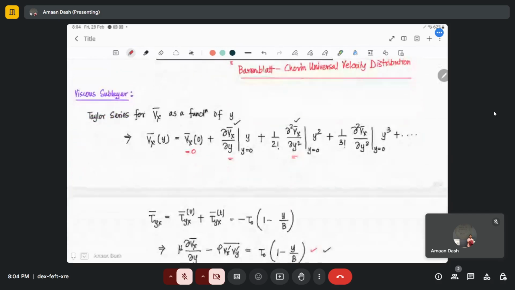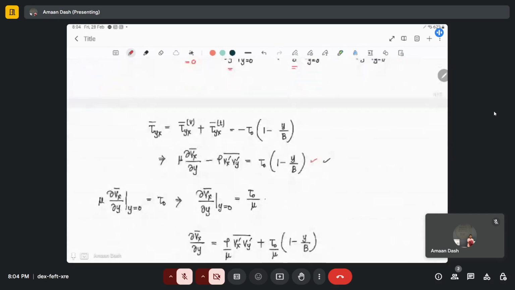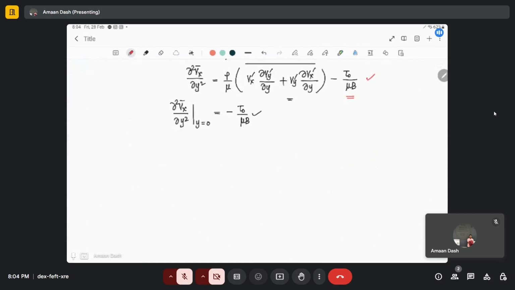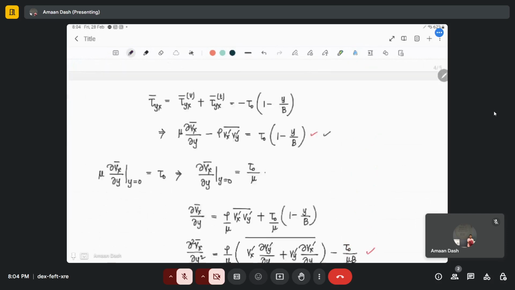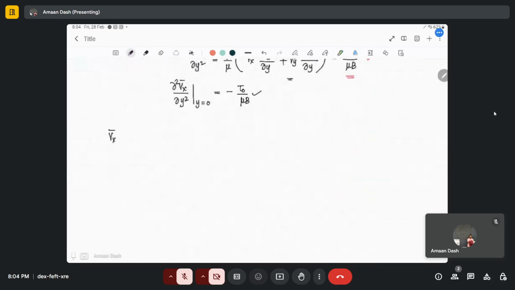Okay. So if we write this, we have Vx bar, which is a function of y, but I'm not writing it now.